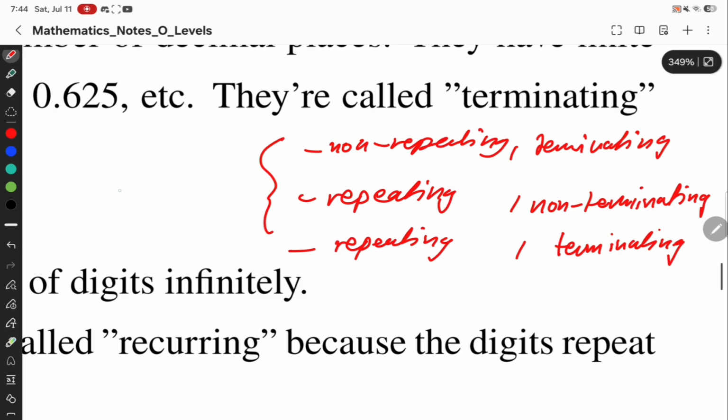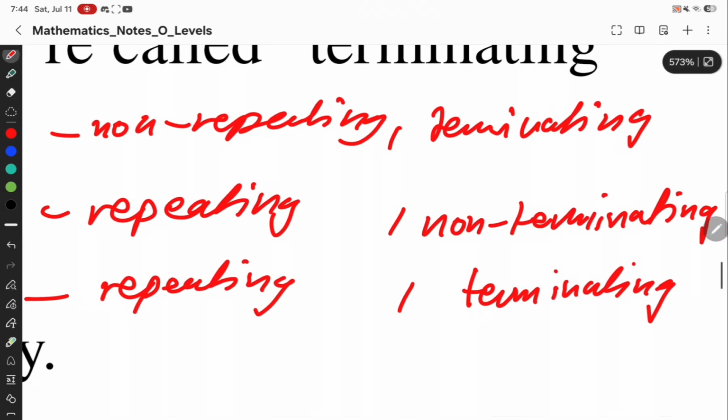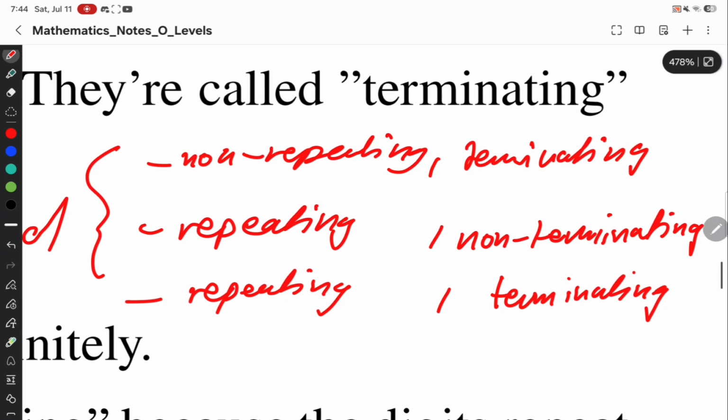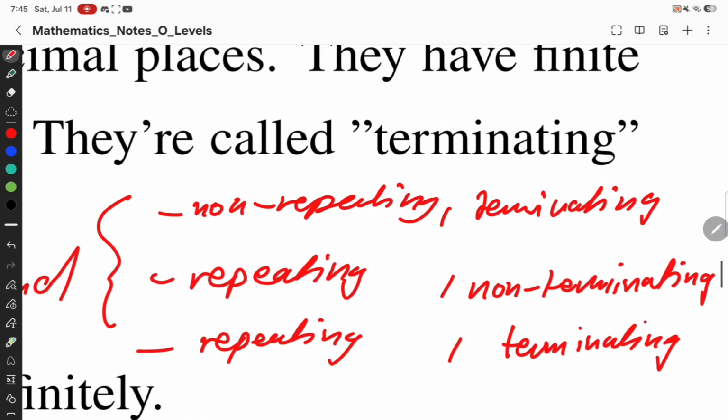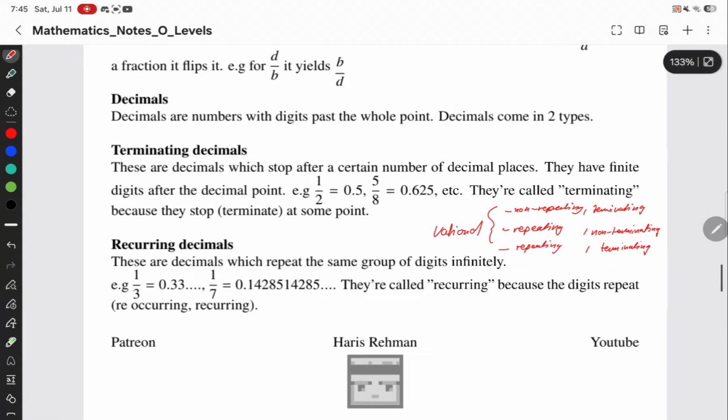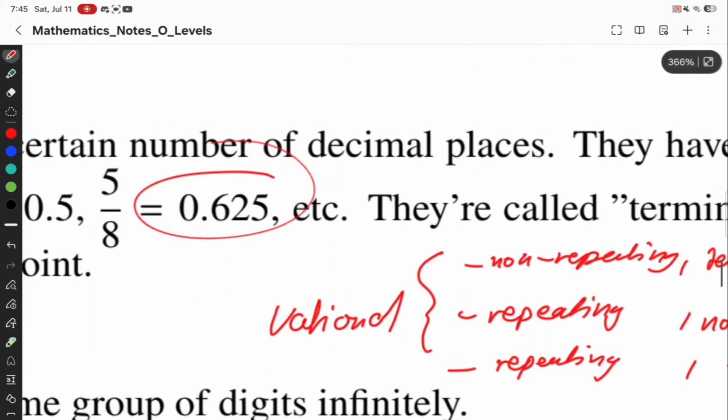If it's non-repeating but terminating, meaning it does not have a set pattern but it stops after some digit, it is a rational number. Okay, this first point here.